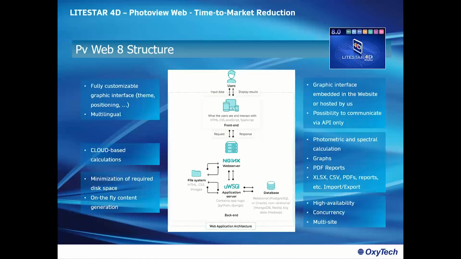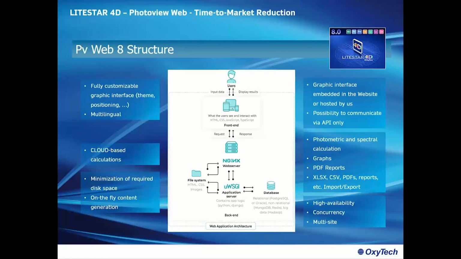For example, if you want a polar diagram with the lines blue in place of gray, this can be done. This can be easily configured. Then it is multilingual. We manage now 25 languages. It is cloud-based, and all the calculations are cloud-based. We don't need anything else. It's all performed on the web.